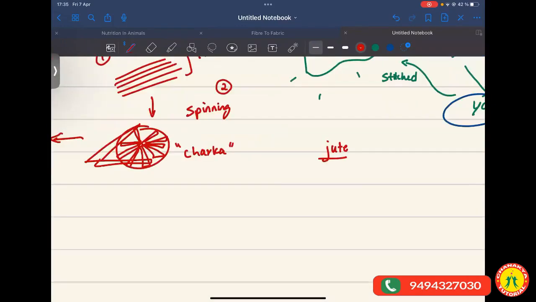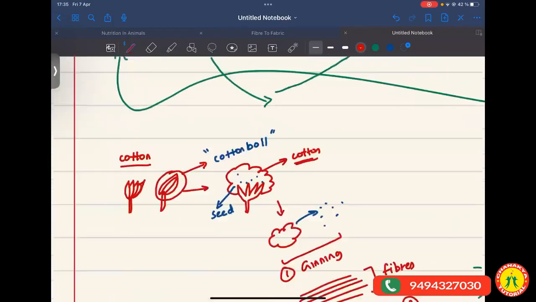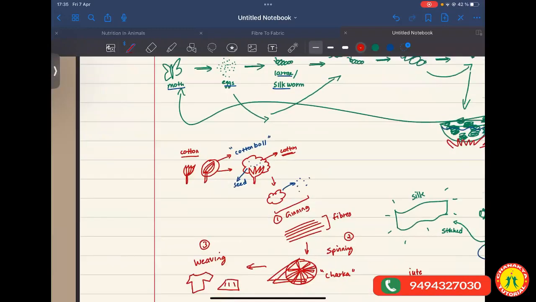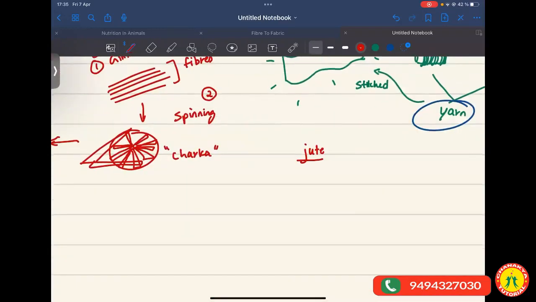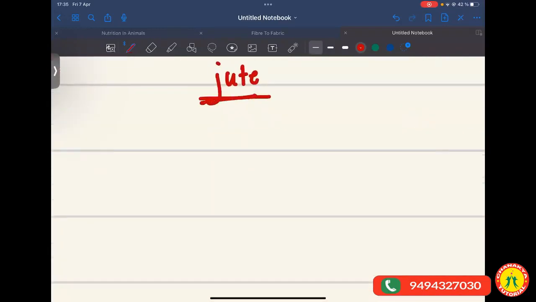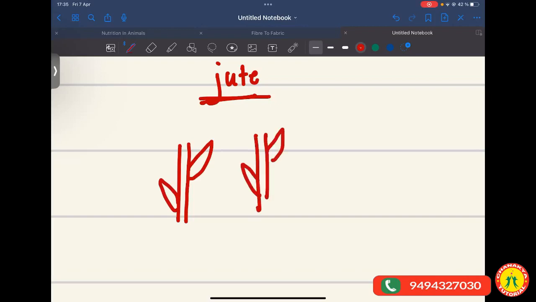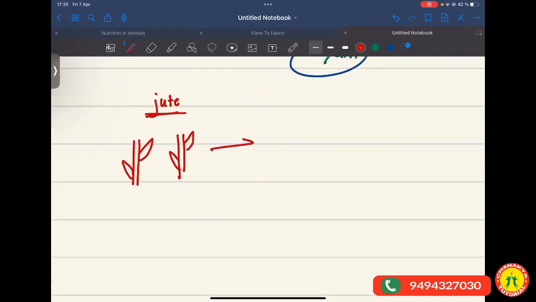Since cotton is obtained from the fruit of the cotton, which is the cotton boll, here jute is obtained from the stem of the jute. Okay, so you have jute stems. All these leaves are cut off. You have the stem, and these jute stems are immersed in water.